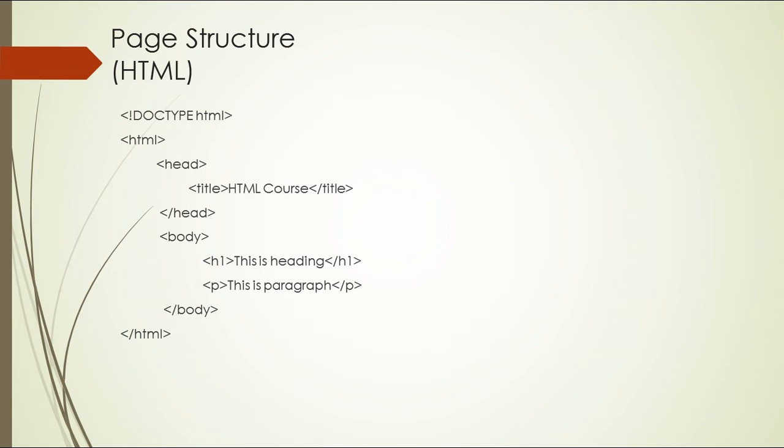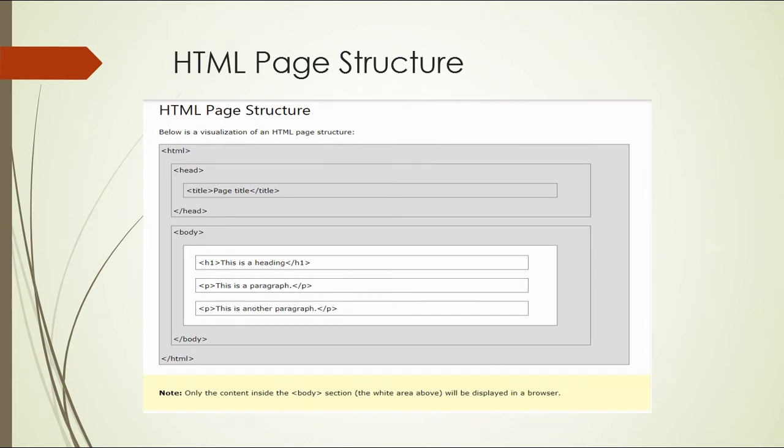Now, what is the HTML tag? This element encloses everything inside of an HTML document. It includes tags, elements, style sheets, script, text, multimedia, and a lot more. Now, the head element.